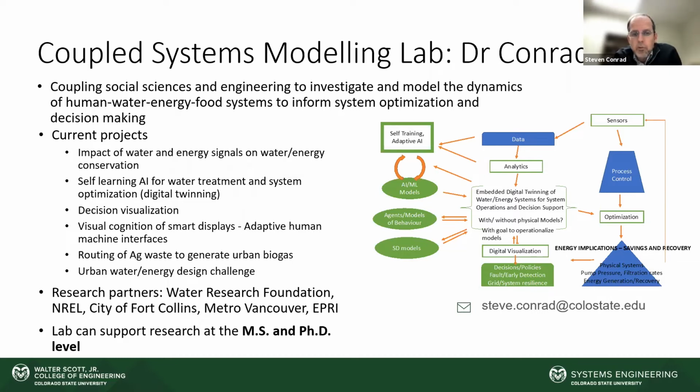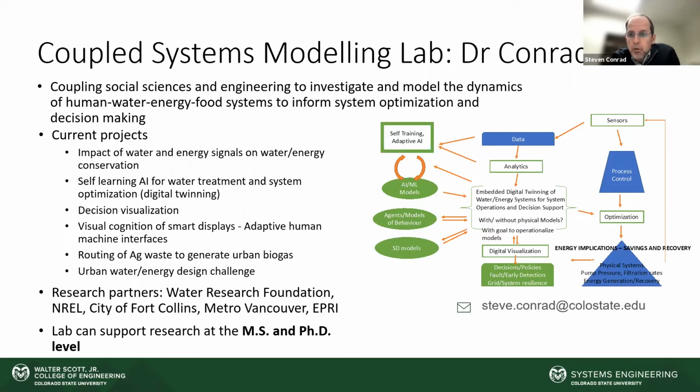We're doing a lot of work on adaptive AI and artificial intelligence and machine learning within the lab, and tying these machine learning models to applications within the water, energy, food nexus, things like water treatment or system optimization. I'm looking at building digital twins of water and energy systems.